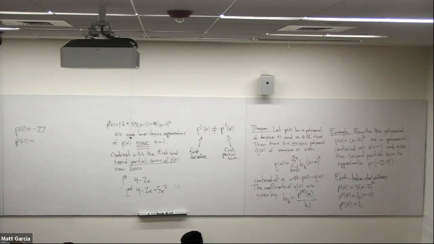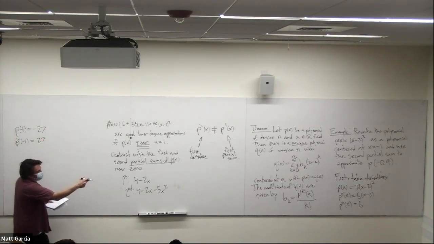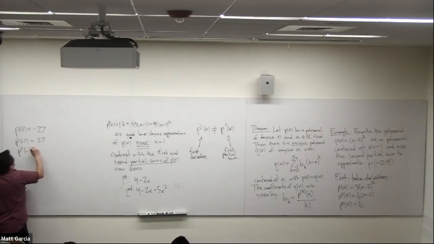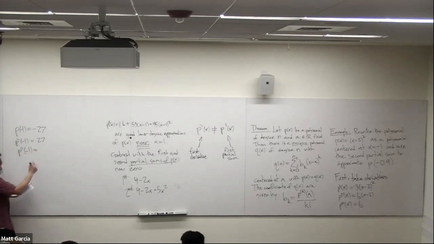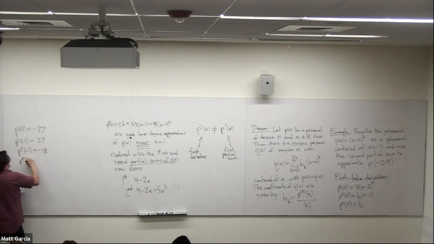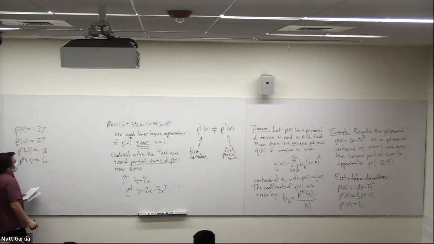Yeah, positive 27, good, because we get a negative squared times 3. Second derivative at -1 is -18, good. And the third derivative at -1, since it's a constant, is just 6.